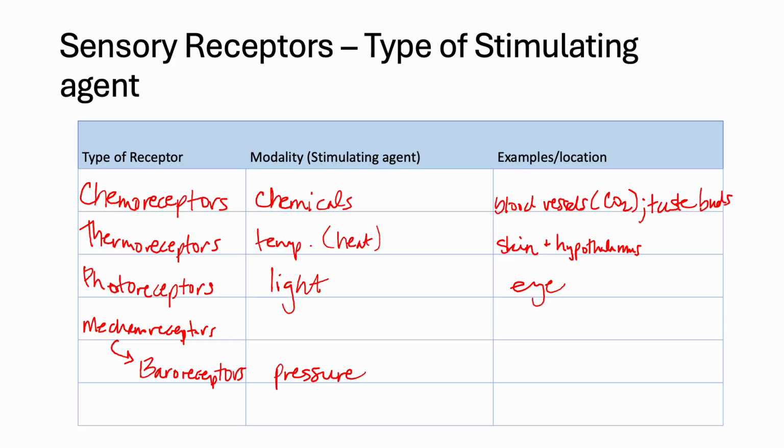Okay. So we might think about stretch of our blood vessels, or in the walls of our viscera or our organs. So mechanoreceptors, what is the stimulating agent? We're going to say it's distortion. Physical distortion, mechanical, physical movement or distortion.